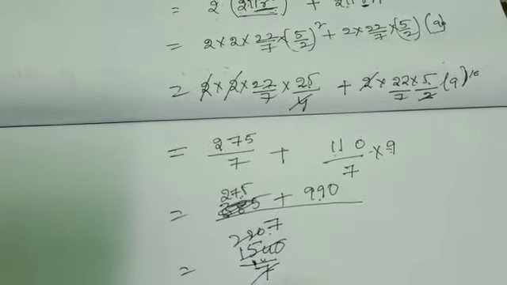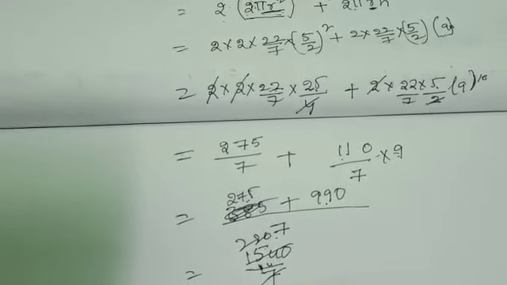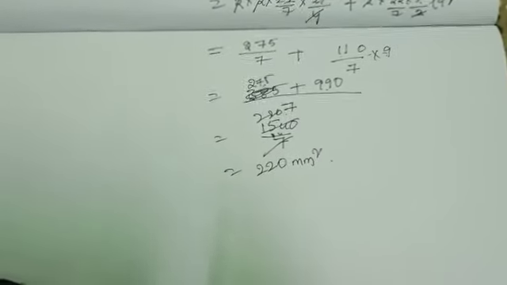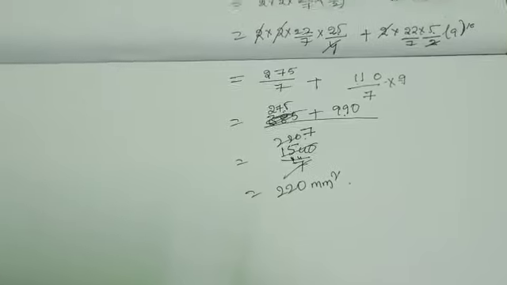So which is equal to 220 millimeter square. Therefore, surface area of the capsule equals 220 millimeter square.